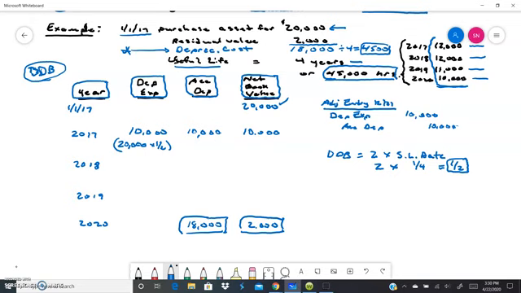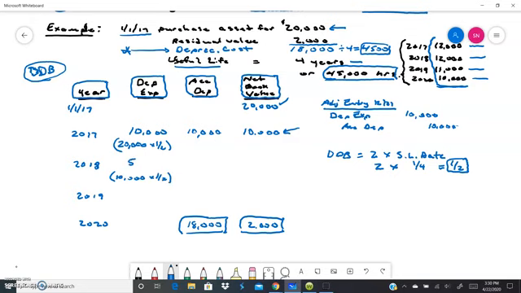All right, then for 2018, we take the same rate times, again, the declining balance. The declining balance is the net book value. So we're taking the 10,000 from the previous year times our rate of 1/2.